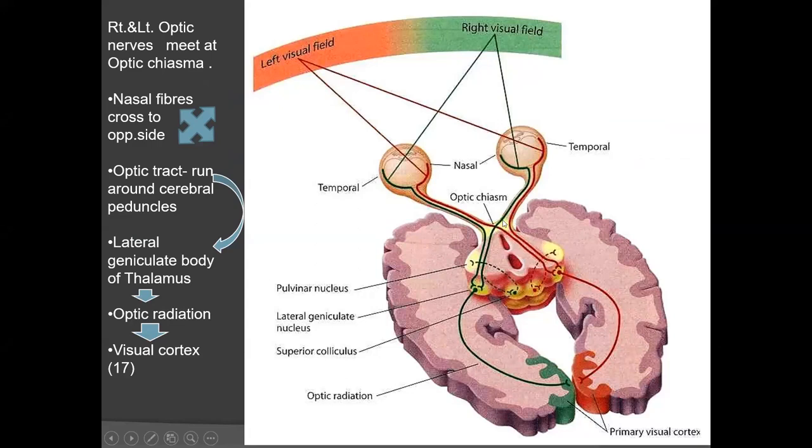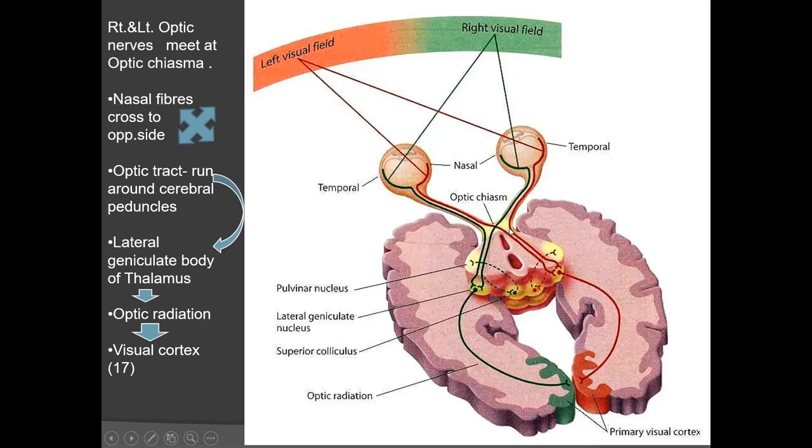So at the optic chiasma, there is only the crossing of the nasal fibers of the optic nerve, which take the sensory impulse from the medial aspect of the retina of each side. So those will cross to the opposite side, and that is why we call it the optic chiasma.